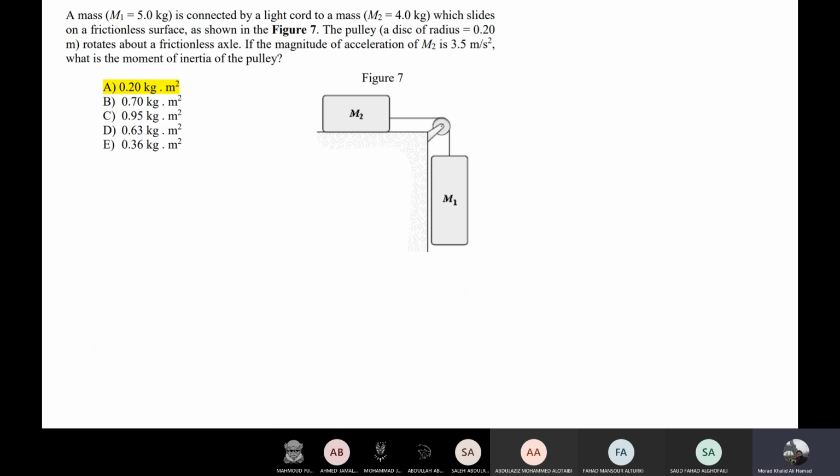However, here we don't say to neglect the pulley. We used to use a massless pulley. Here we don't say it's massless, it's not massless. Let's see what we will do in this type of questions.